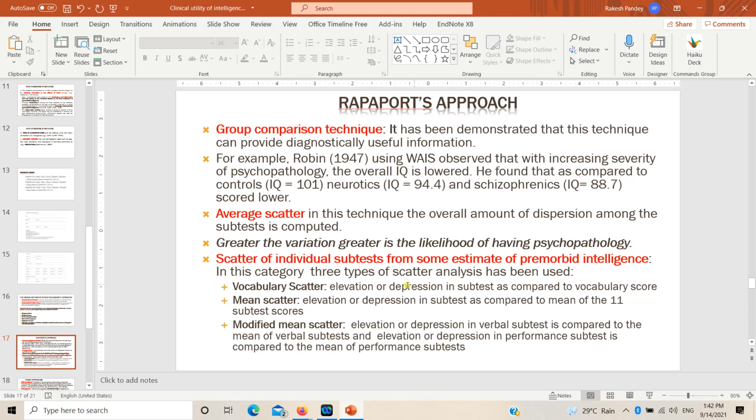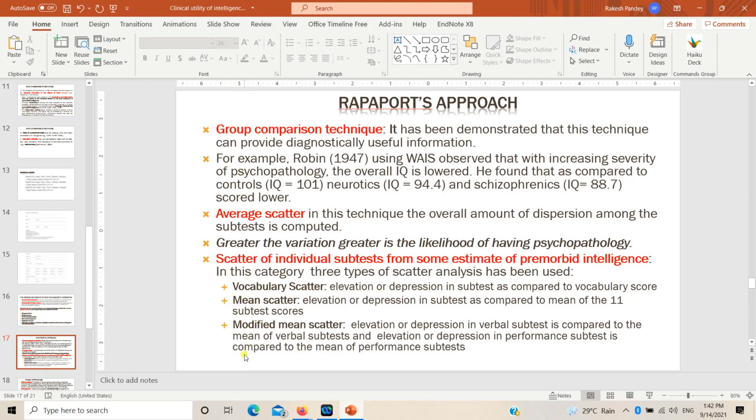And he suggested three categories of scatter. Vocabulary scatter, where we use the vocabulary subtest as an estimate of premorbid IQ and then compare the test performance on other subtests. Any elevation or depression in subtest scores compared to vocabulary is interpreted in that way.